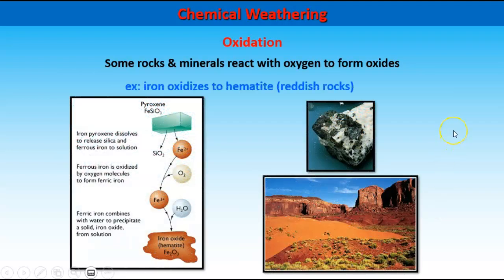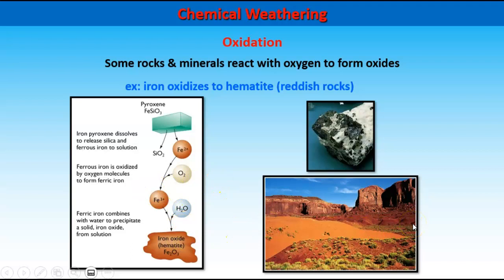We do get another chemical process called oxidation. And so that's this idea that a pyroxene, which is another common rock-forming silicate mineral, can break down and release some iron, which then reacts with oxygen, hence the word oxidation. And we get this iron oxide called hematite, a mineral.